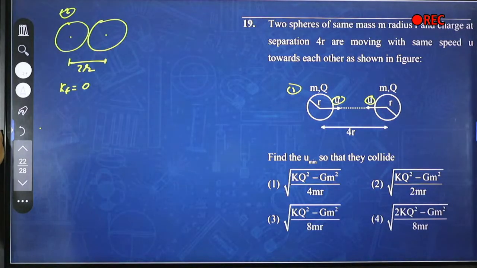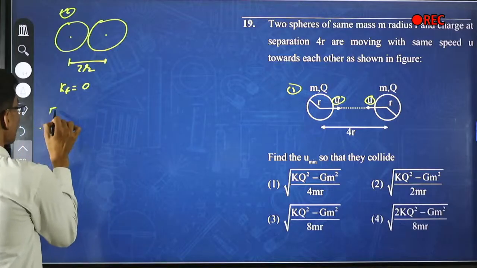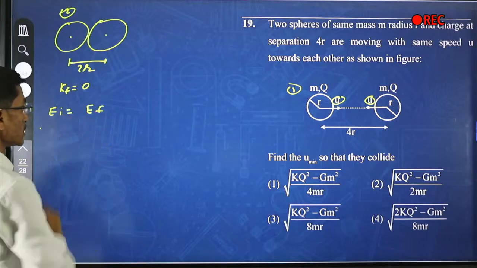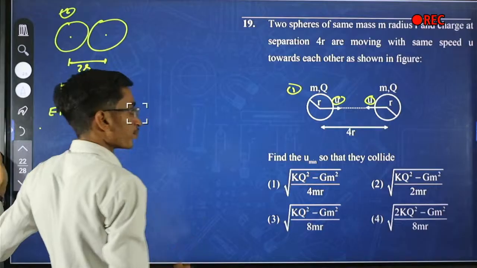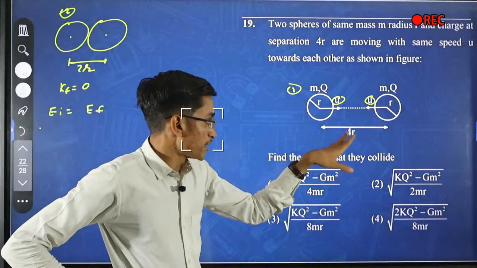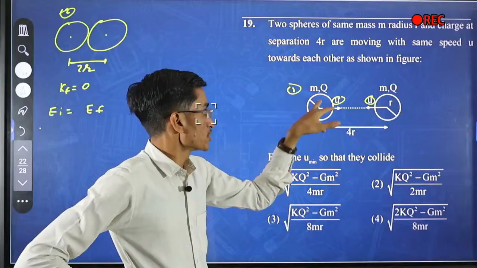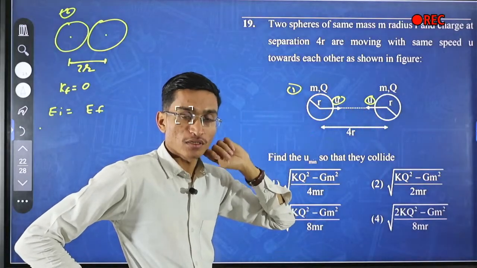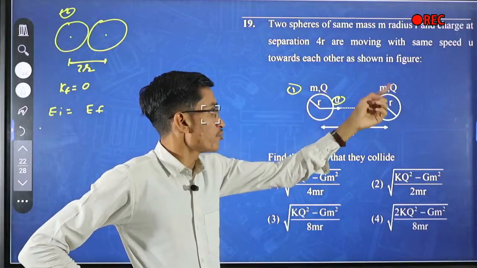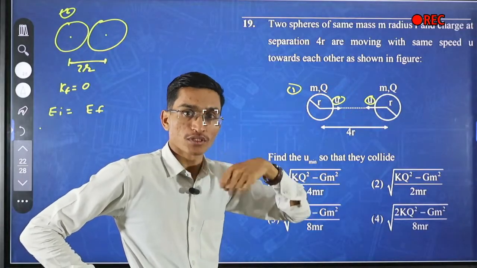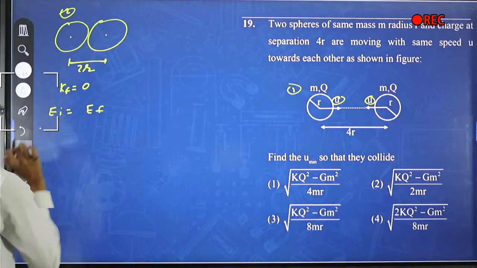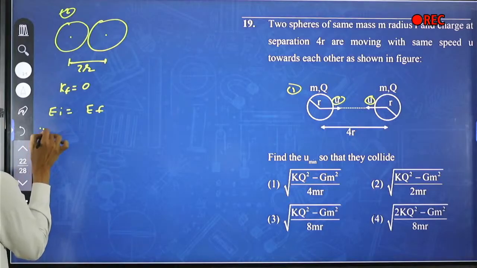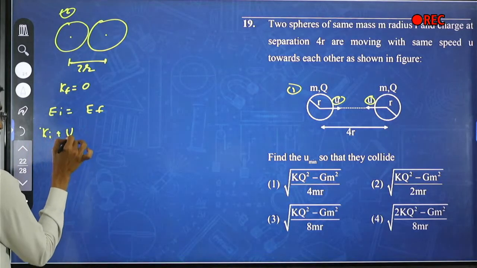So for this we have to conserve energy. Total initial energy E initial is equal to total final energy E final. In the initial energy, both have kinetic as well as potential energy. There are two types of potential energy in this question: because they have mass, gravitational potential can be considered, and because they both have charge, electrostatic potential will also be considered. So initially they have kinetic energy plus gravitational potential energy plus electrical potential energy.